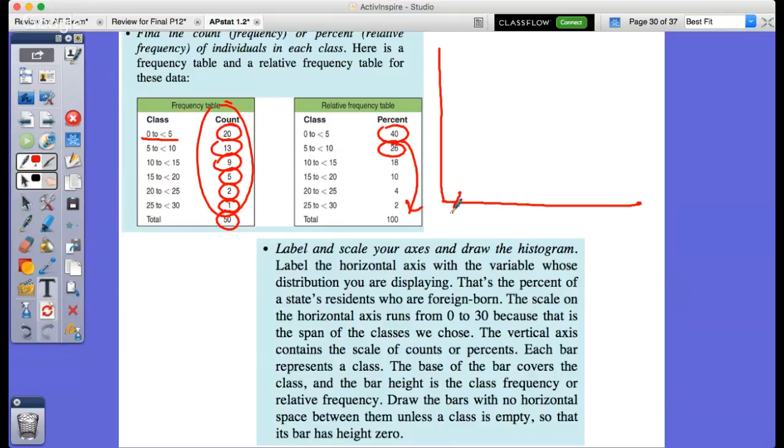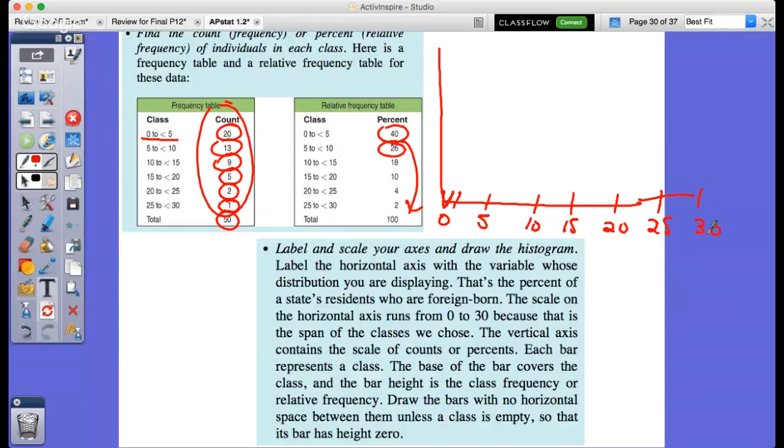So what we're going to have is 0 to 5, 5 to 10, 10 to 15, 15 to 20, 20 to 25, 25 to 30. We want to make sure we label the bottom.